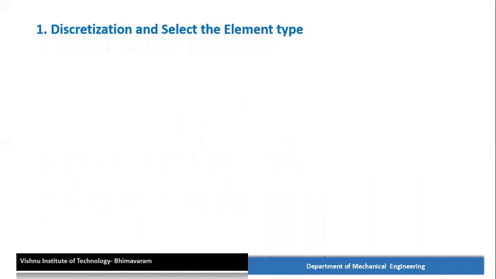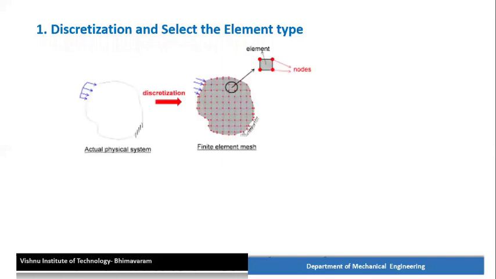First step is discretization. In this discretization or selection of an element, it involves dividing the domain or body into equivalent system of finite elements with associated nodes and approximate element types that model most closely the actual physical behavior of this component.